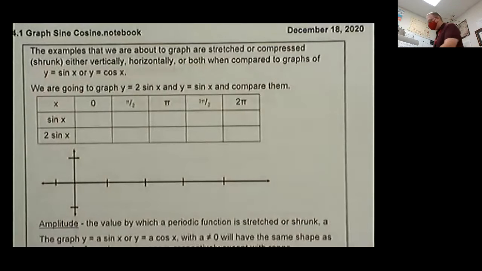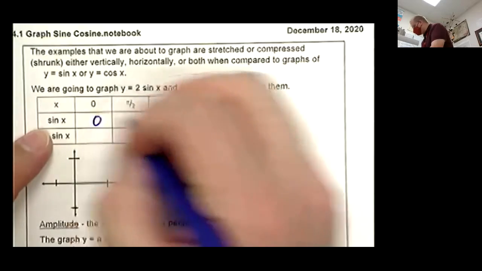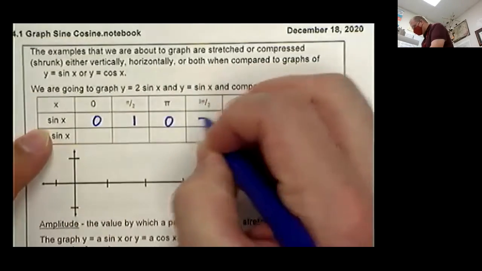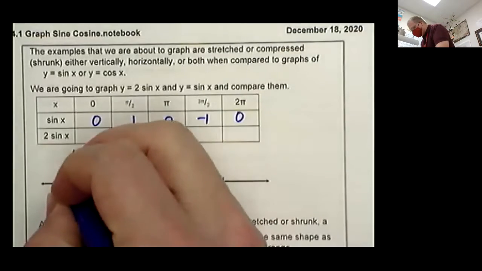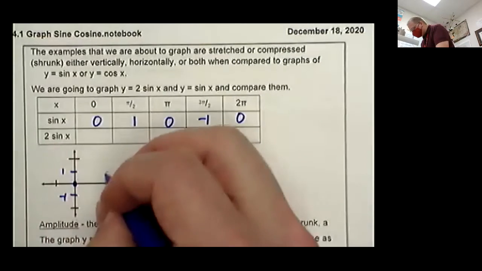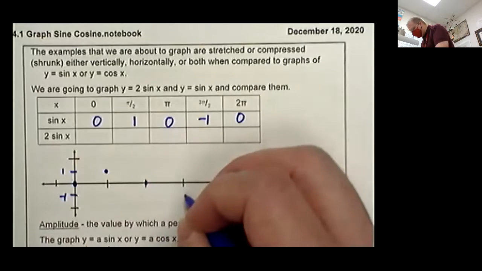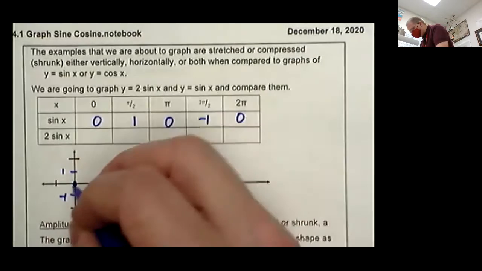So let's look at the graph of y equals sine x. We know that is 0, 1, 0, -1, and 0. Let's see what happens, and let's go ahead and sketch that. So that's going to go from 1 to -1, 0, 1, 0, -1, 0.